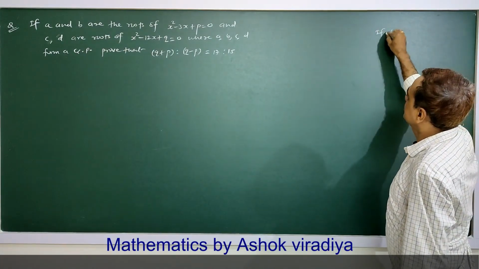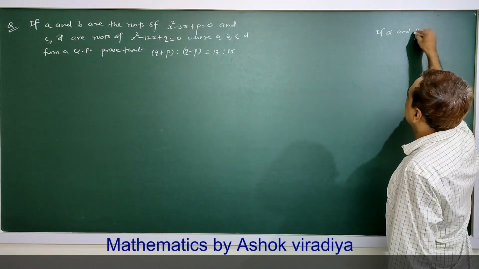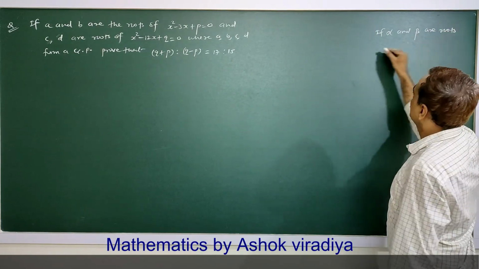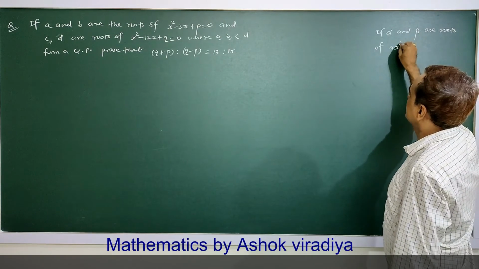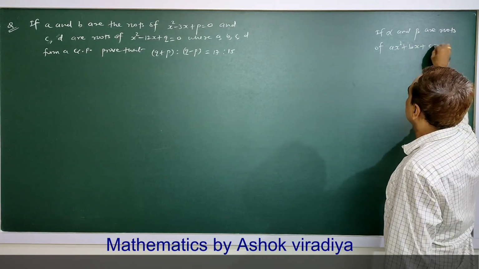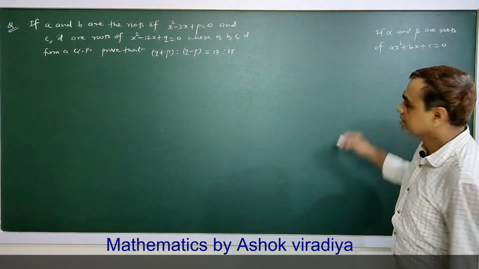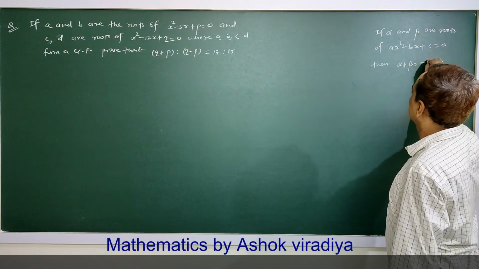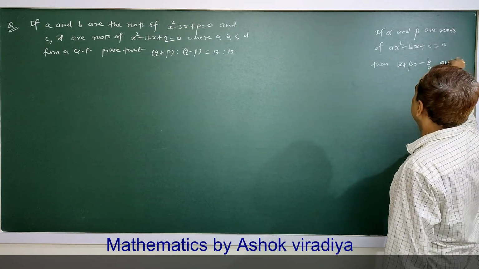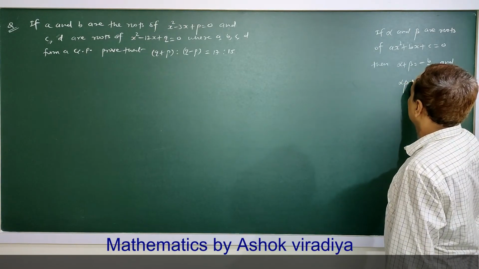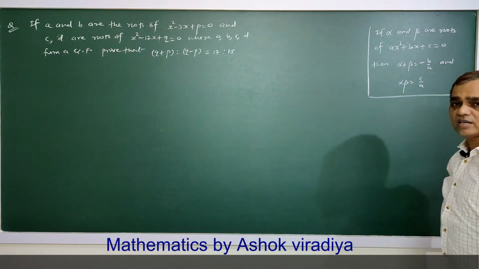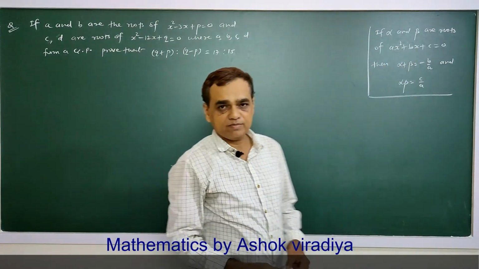The rule is, if alpha and beta are roots of ax square plus bx plus c equal to 0, then alpha plus beta is minus b by a and alpha into beta is c by a. We will use this rule in this question.